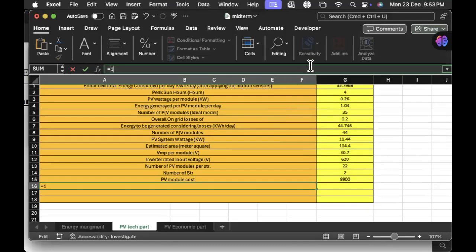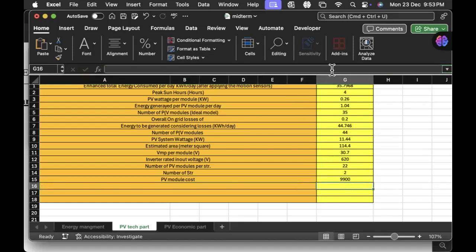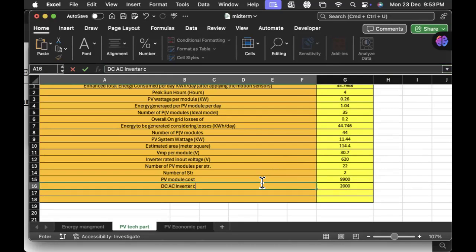So we have $100 times 20, which is the kilowatt of the PV. I think I'm writing in the wrong place, so I have to stop here. So this is $100 times 20. Of course, these are estimated numbers. So this is the DC-AC inverter cost.